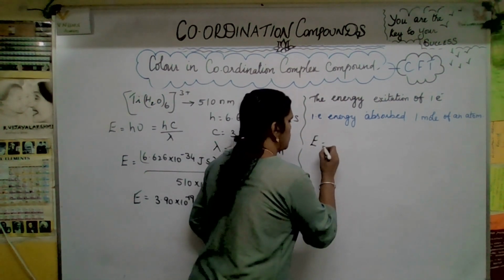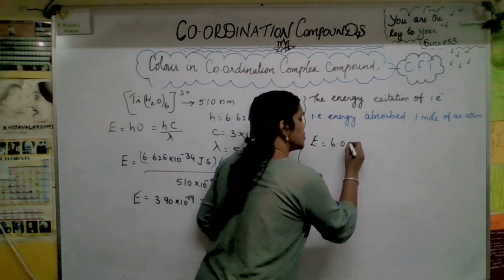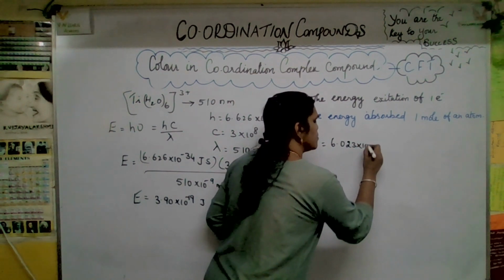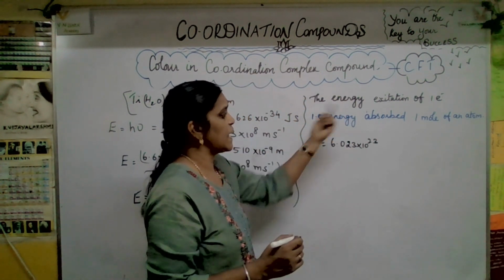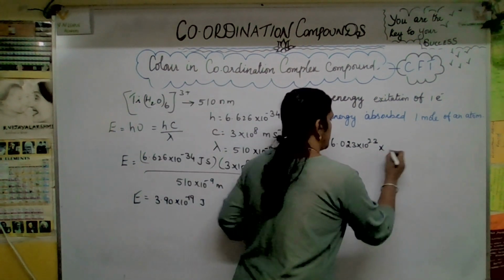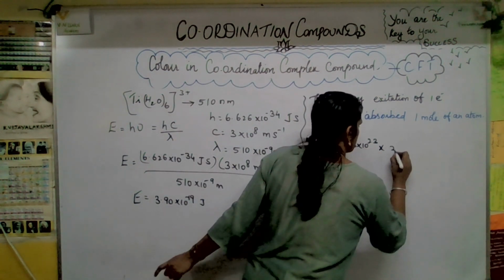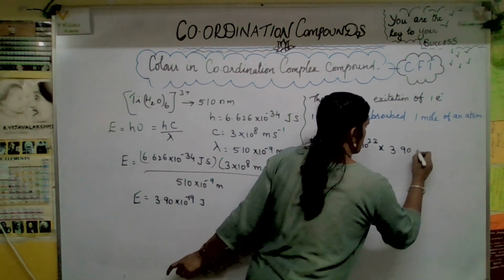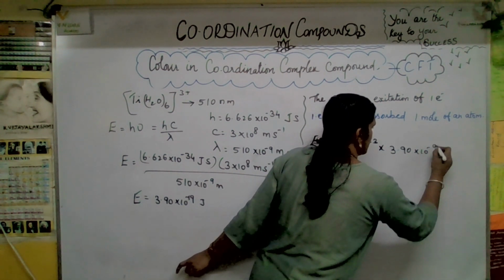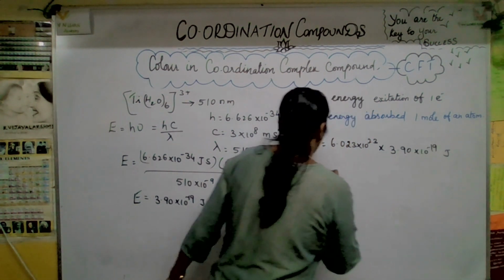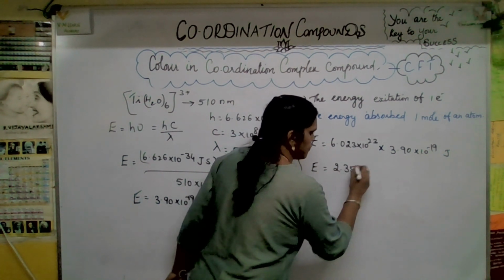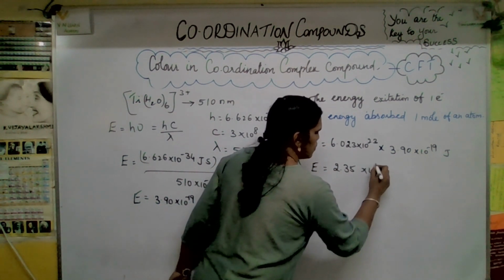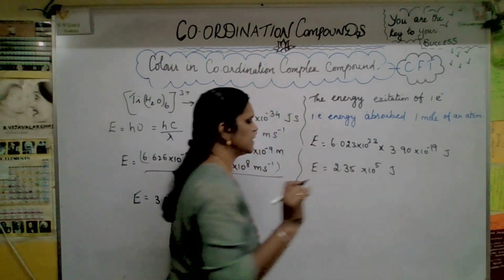So E equals 6.023 times 10 to the power of 23, 1 mole of atoms, times 3.90 times 10 to the power of minus 19 joule. Naturally you will get 2.35 times 10 to the power of 5 joule.